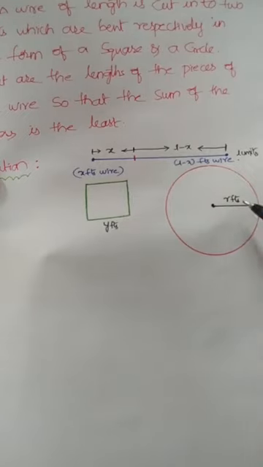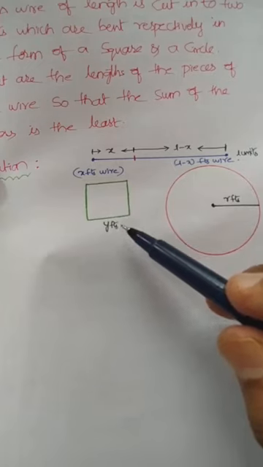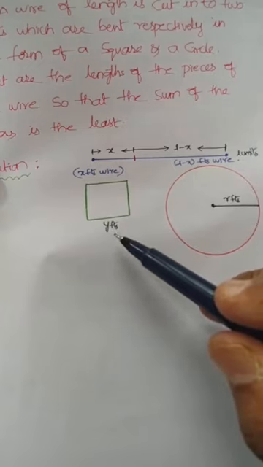And the radius of the circle is small r units. Here is the circle, and here is the square with side length y units.